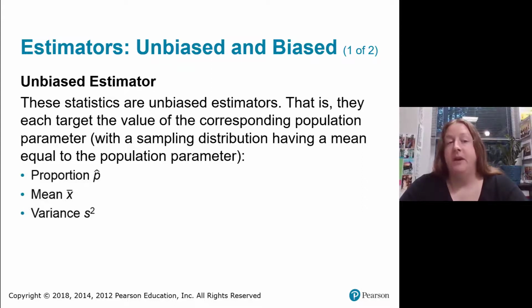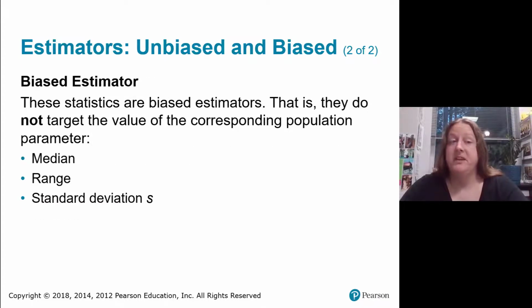Some examples of unbiased estimators are the proportion, the mean, and the variance. Some examples of biased estimators, which don't have statistics targeting the corresponding population parameter, are the median, the range, and the standard deviation.